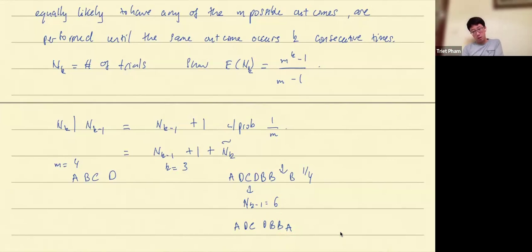Does that make sense? Right. So with probability, what kind of probability? (M minus 1) over M. Are we clear on this?